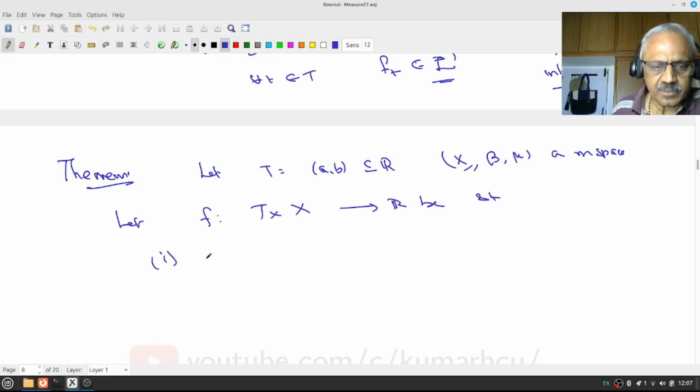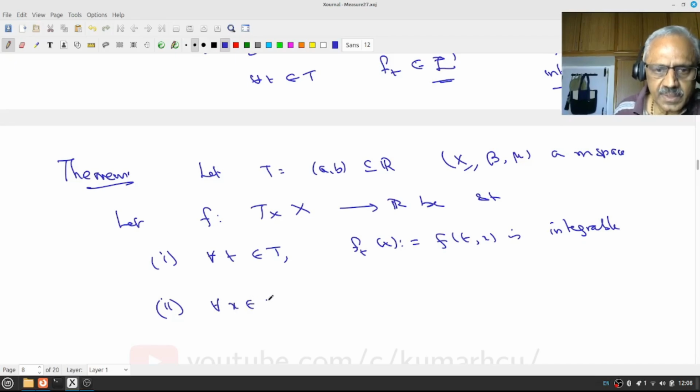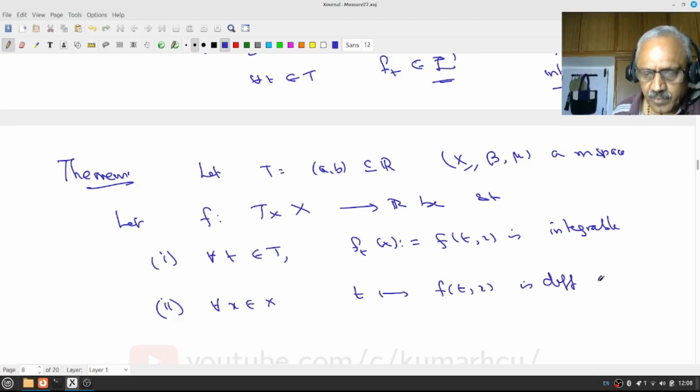The first thing you want to make sure is that for each t in T, the function f_t of x is integrable. This is a function of x, therefore it's integrable in this measure space, that means mu integrable, right? And 2, for each x in X, the function t going to f(t, x) is differentiable on [a, b].